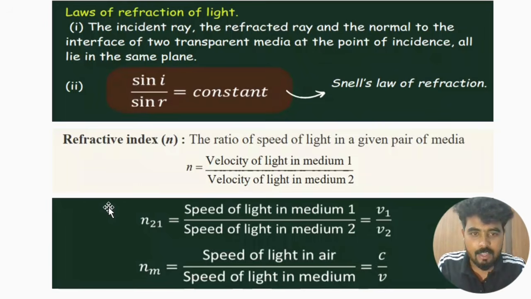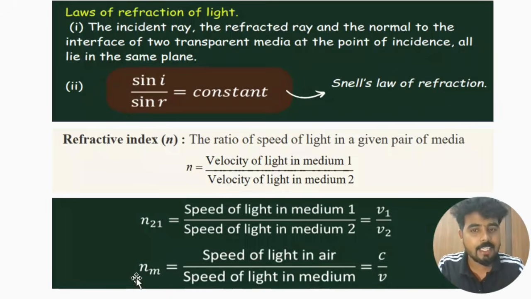Now, listen here: n is equal to the velocity of the light in medium 1 divided by the velocity of light in medium 2. This is an important formula, as well as n_m is equal to the speed of the light in air divided by the speed of the light in medium. This is the most important formula you should remember.